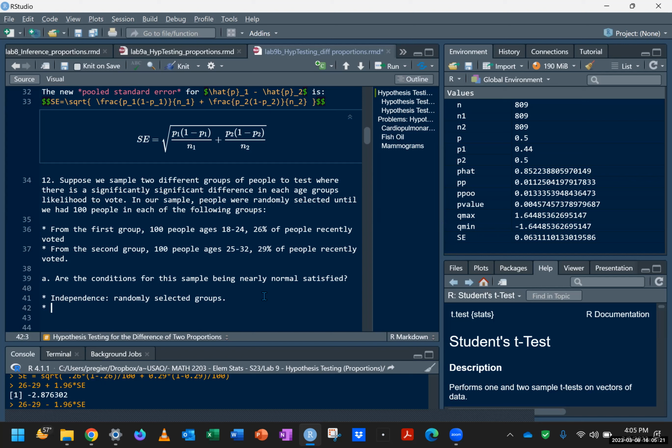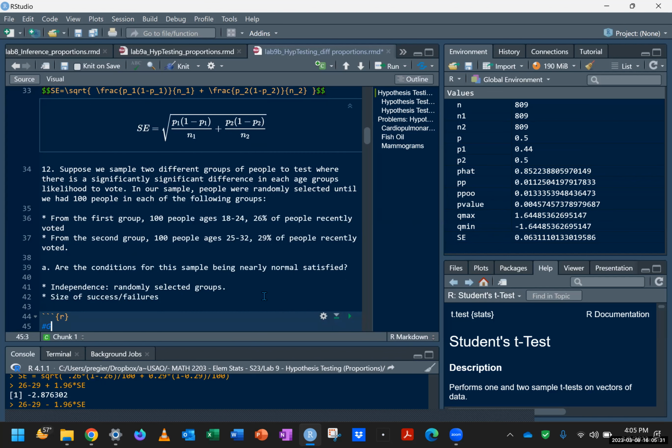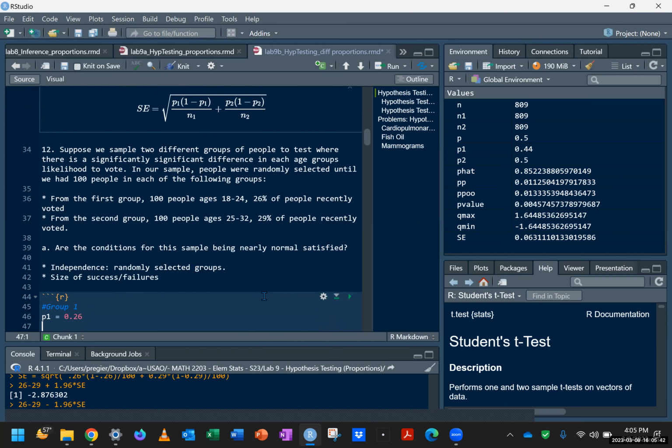And then to test the size of successes and failures, let's do it first for group 1. Group 1, that's the 18 to 24. We got P1, although that's P1 hat, but I'm just going to say P1 to be simple. And this is a group of 100 people.